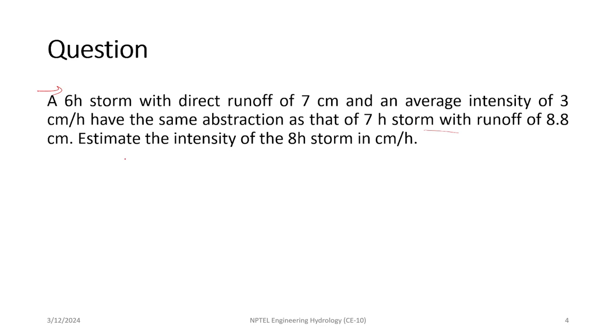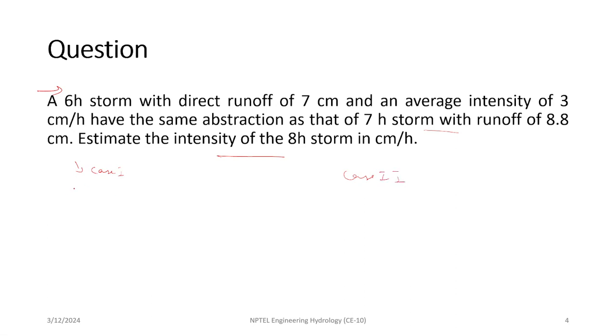Then it is asking us to estimate the intensity of the 7-hour storm in centimeter per hour. So here we can see that there are two scenarios, case 1 and case 2.